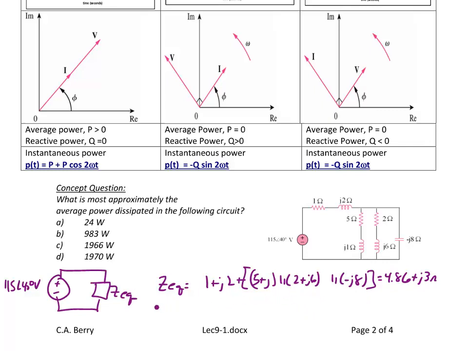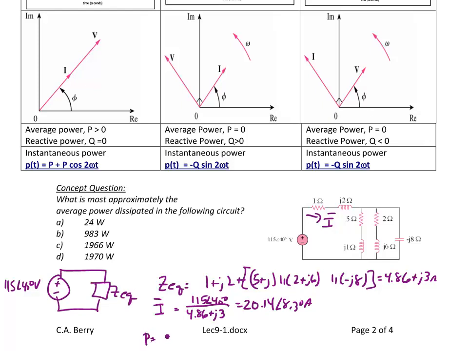So the current I from the source would be equal to 115 with an angle of 40 degrees divided by 4.86 plus j3, which is 20.14 with an angle of 8.3 degrees, and the units are amps. So using our average power formula, we now know the voltage and the current. We can solve.